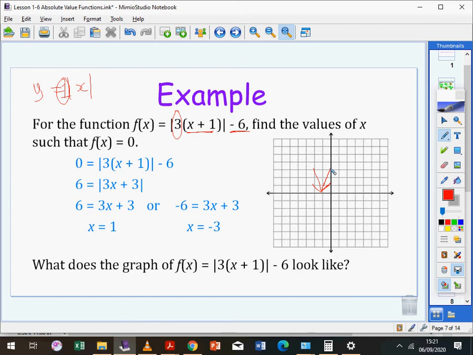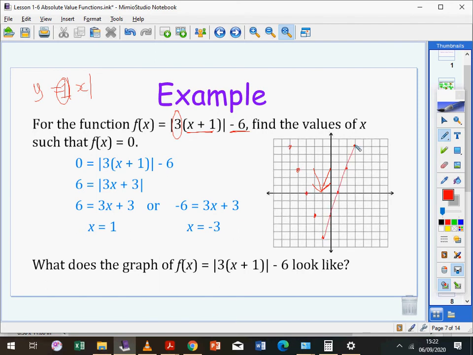So 1, 2, 3, 4, 5, 6. So it starts here and has a slope of 3. Goes here, goes here, goes up there. So let me just draw that line again. 1, 2, 3, 4, 5, 6. So it's going to go here. It starts here, goes here, goes here, goes here, and there, up there, that point and that point.